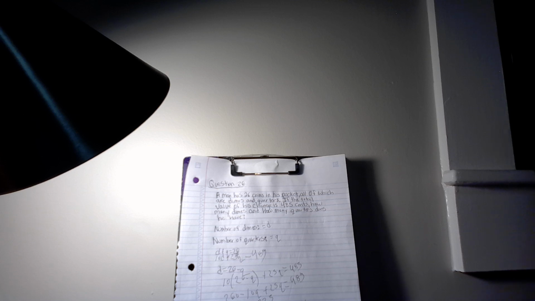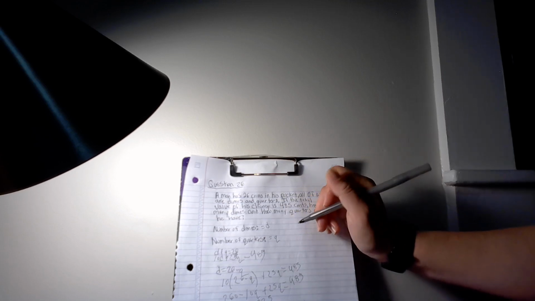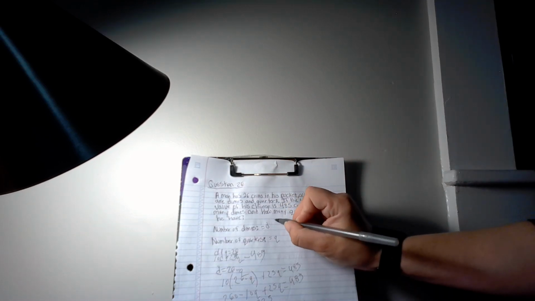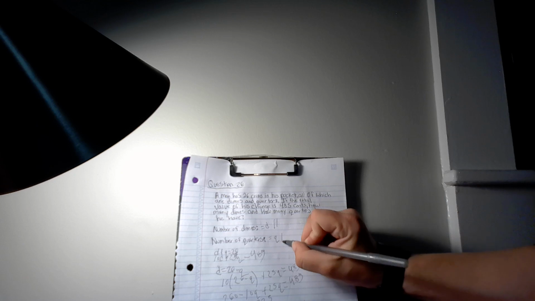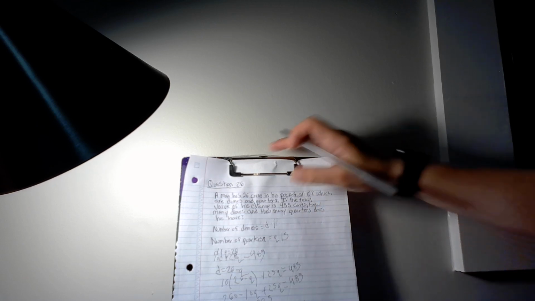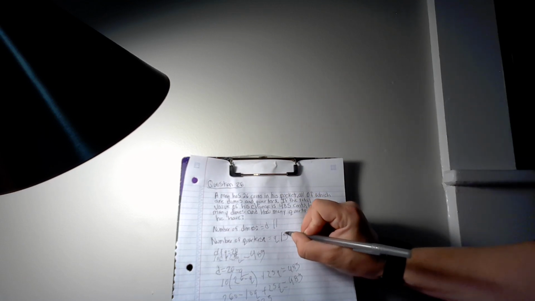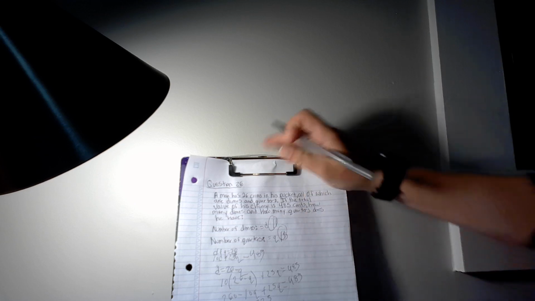And then, therefore, you would get that the number of dimes is 11, and the number of quarters is 15. Okay. 11, 15.